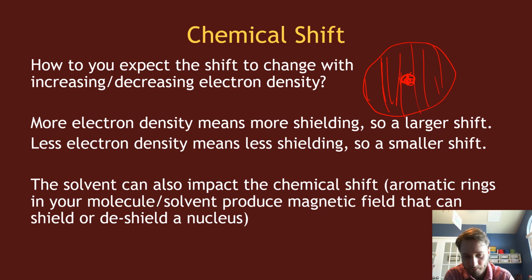We'd expect it to increase. The more electrons I have around here, the more difficult it is for that external magnetic field to reach the nucleus. So with increasing electron density, I'd expect an increased chemical shift. Similarly, with decreased electron density around my nucleus, I expect a decrease in the chemical shift.